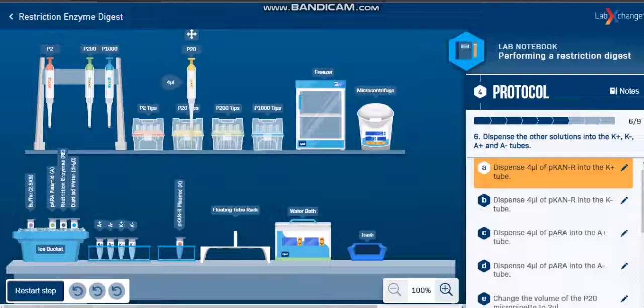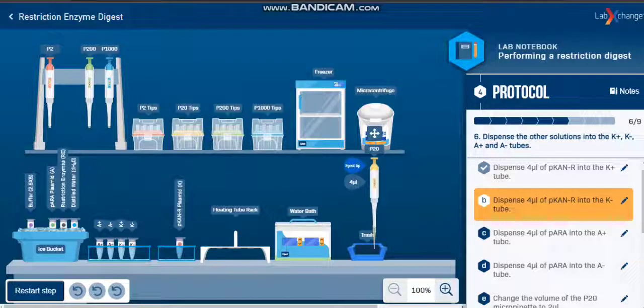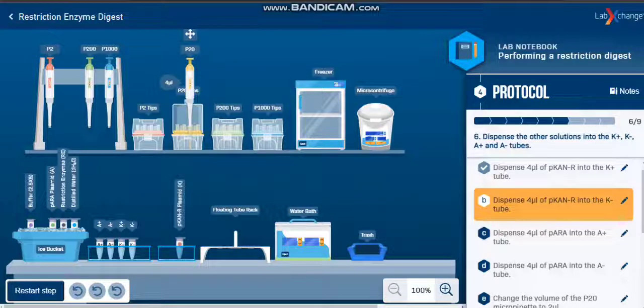Keep the box, open the lid, transfer into the K plus tube. Dispense 4 uL of pK into the K minus tube.